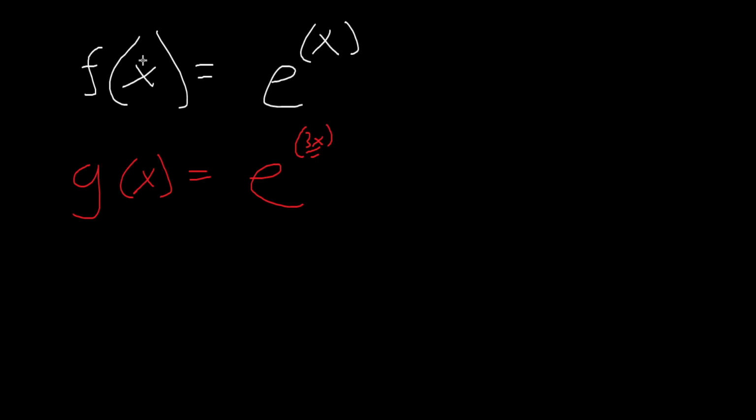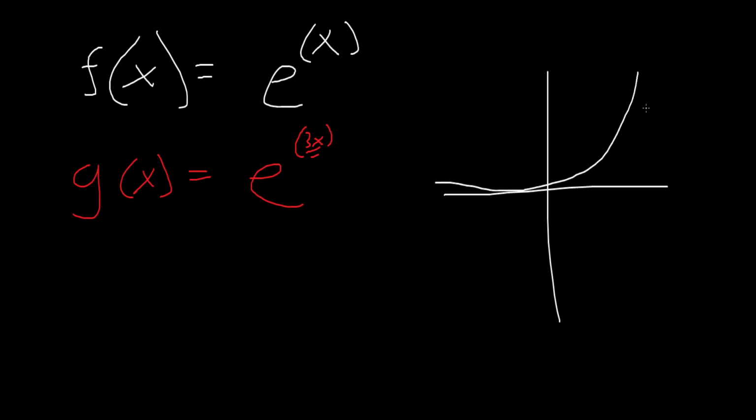So we've got e to the 3x, and so let's go ahead and draw these. Let's see what these look like. So in case you're not familiar with the e to the x function, the e to the x function basically looks like, oh, it doesn't touch there though. So it basically looks like that. Okay, and now let's look at e to the 3x. So normally with vertical stretches anyway, if we multiply by a number bigger than 1, then we stretch it vertically.